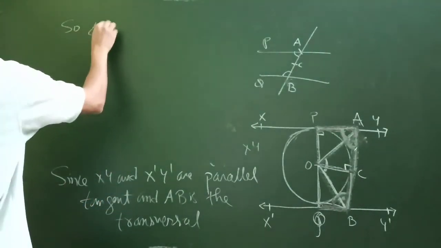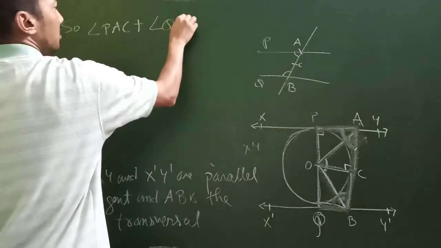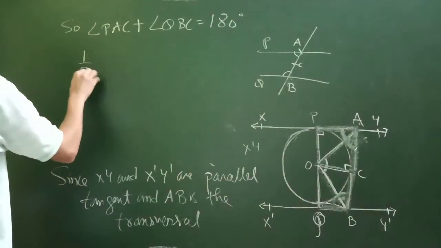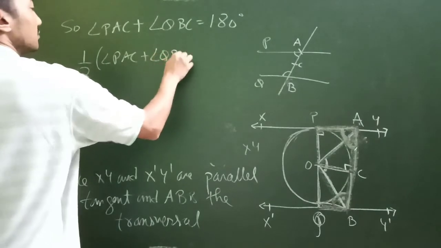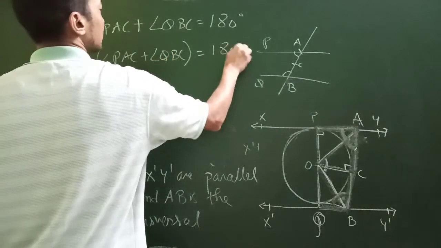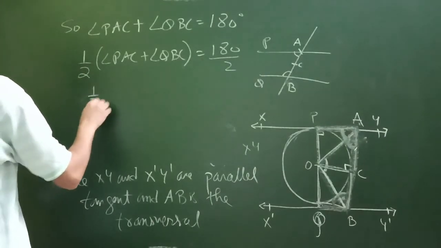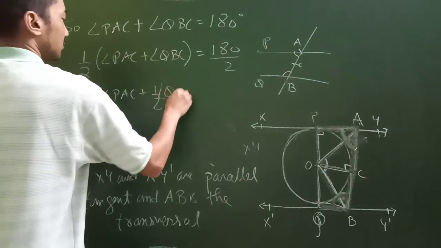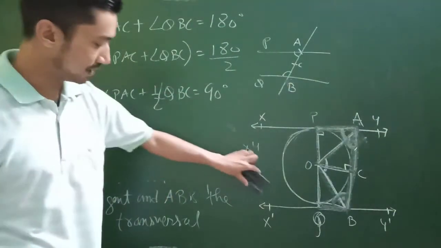So angle PAC plus angle QBC will be how much? 180 degrees. So I divide by 2 on both sides. So now half of QBC and half of PAC.